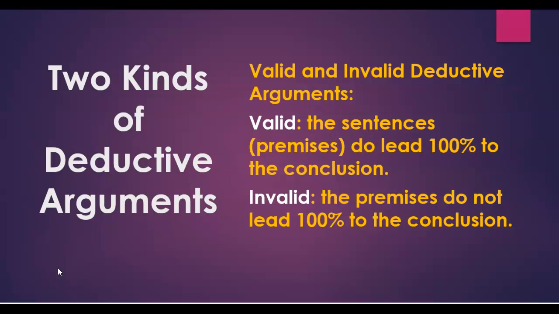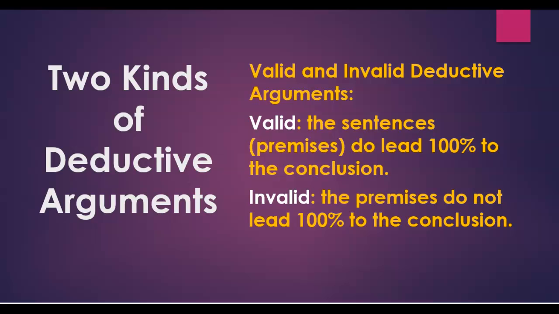Now, deductive arguments are just a little bit more complicated and complex than inductive arguments. With inductive arguments, all you have is strong probability, weak probability. On the other hand, there are two kinds of deductive arguments, and we'll break these down even further in a moment. You have valid deductive arguments and invalid deductive arguments.